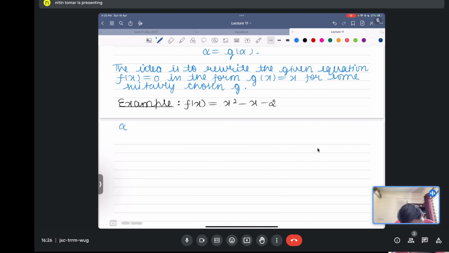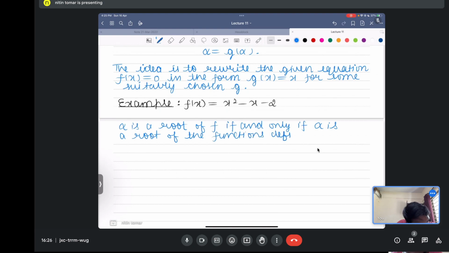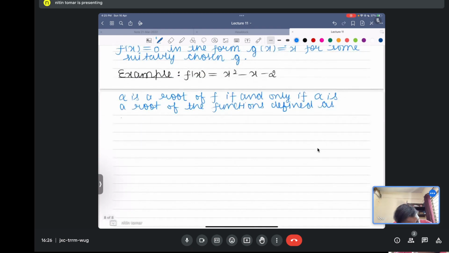So, you see alpha is a root of f if and only if alpha is a root of the functions defined as number 1, let's say g1(x) to be x square minus 2.